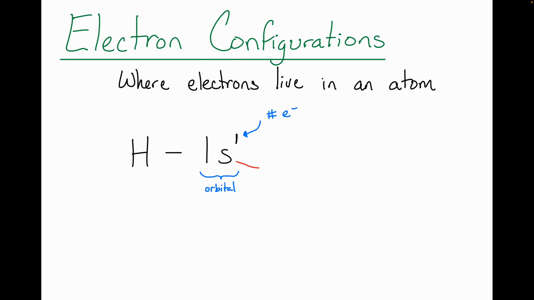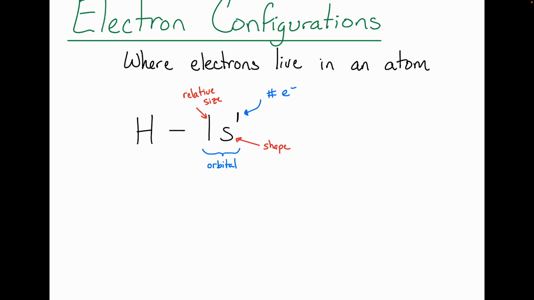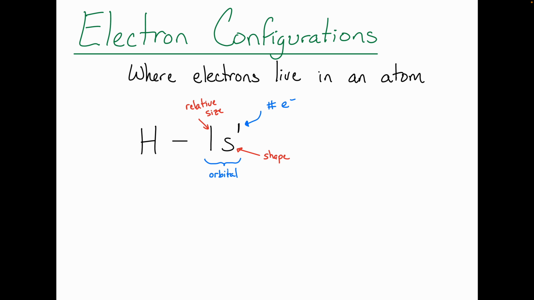All right, the s tells you the shape of that orbital. And the 1 out front tells you the relative size. All right, so what this electron configuration for hydrogen is telling us is it's got 1 electron in a small s orbital, which is for spherical shape. We can just kind of review real quick.